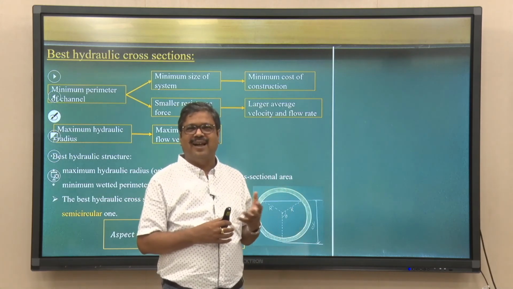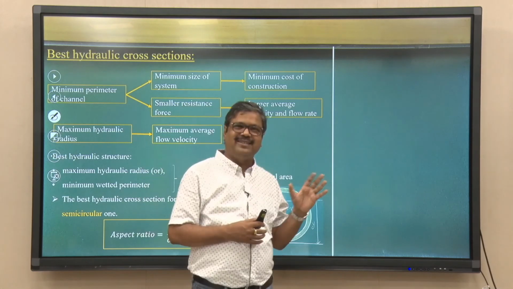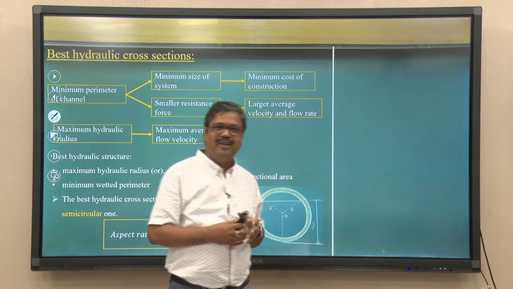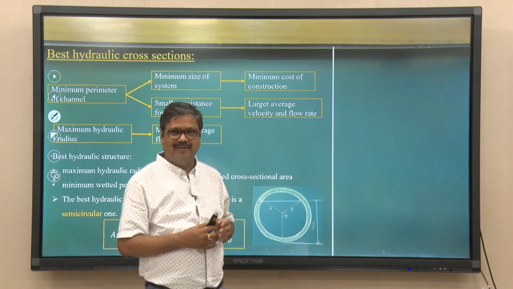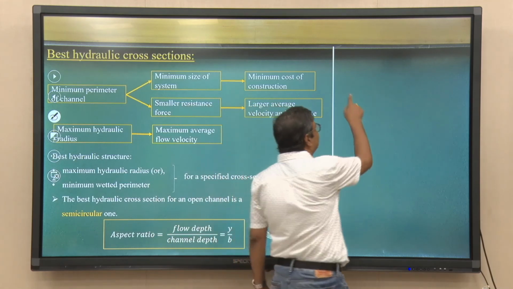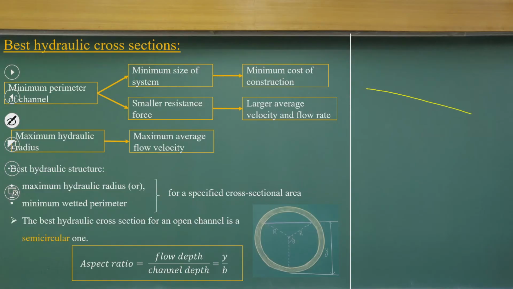What is the best hydraulic cross section? Okay. It is not best for anything related to flow, it is related to the economy. That means, if I want to construct a channel from point 1 to point 2, to carry water or any liquid flow from 1 to 2, the points are fixed.